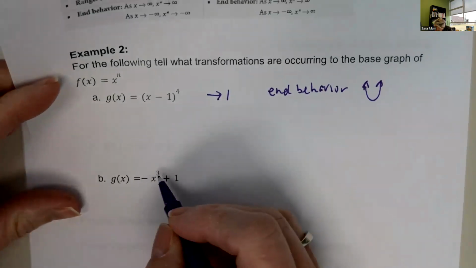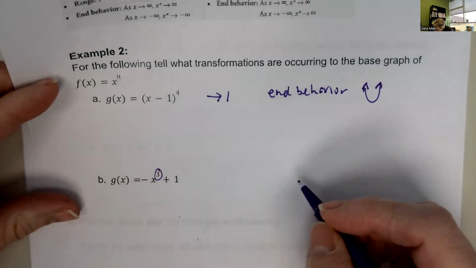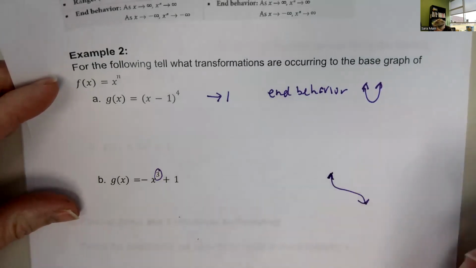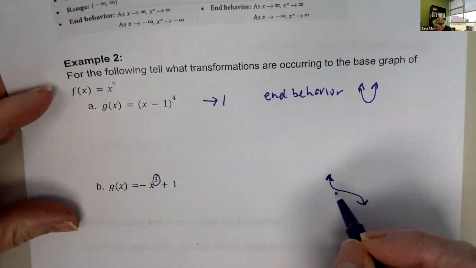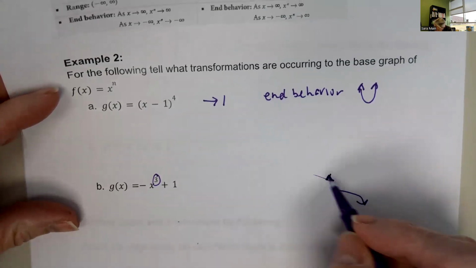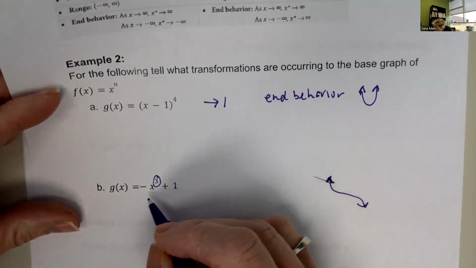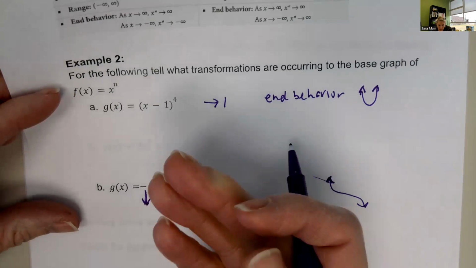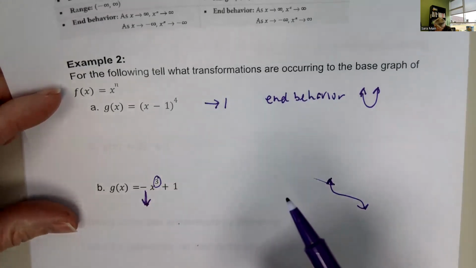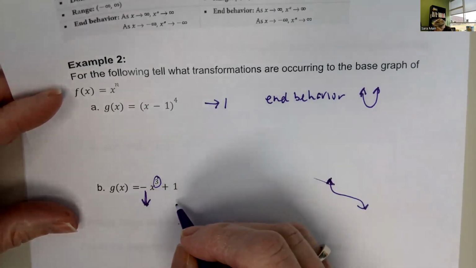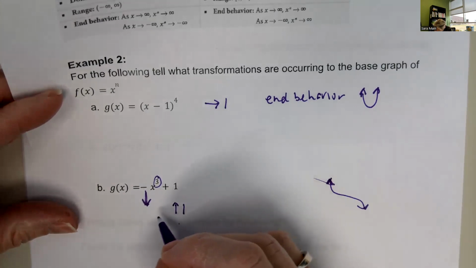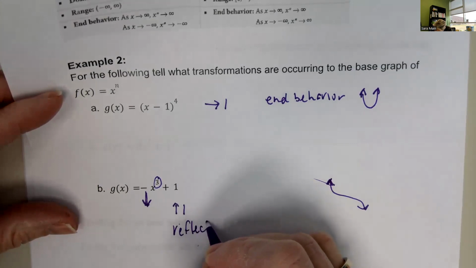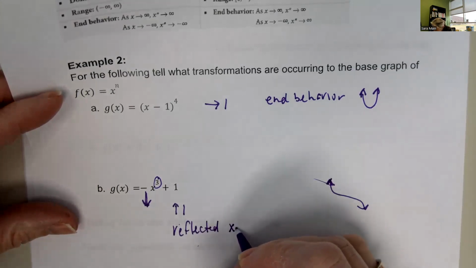This one is a 3, so it's odd. So they will not be the same direction when it's on the left and the right. And this one is flipped over the x-axis and then also up 1. So it's up 1 and then reflected or flipped over the x-axis.